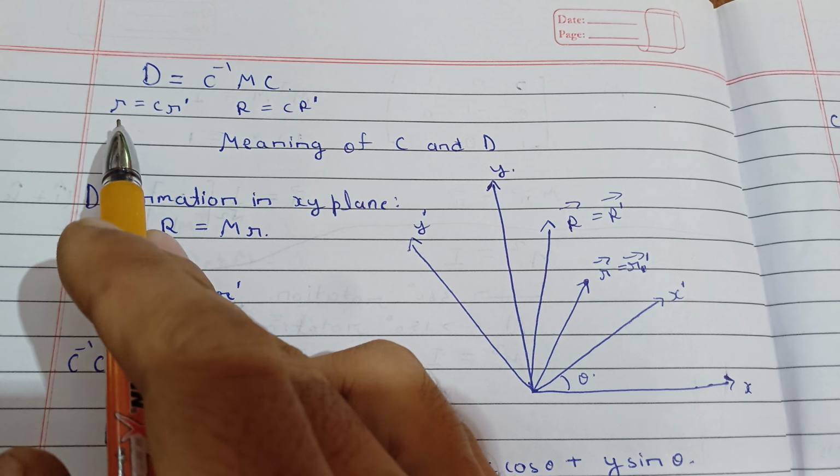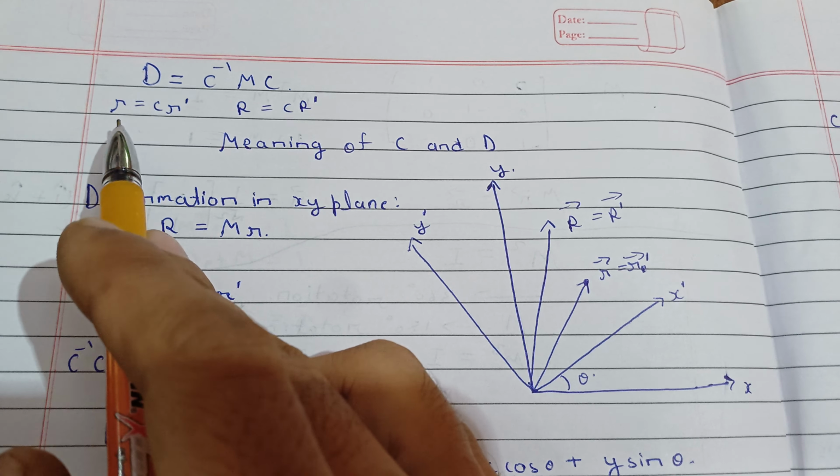Okay, so what is this D matrix? If we have this M matrix, and here is the C matrix, and these x dash y dash axes are nothing but the eigenvectors of M, and they are perpendicular to each other, then C represents the rotation matrix, and the rotation will be of angle theta. I hope this is clear to you.